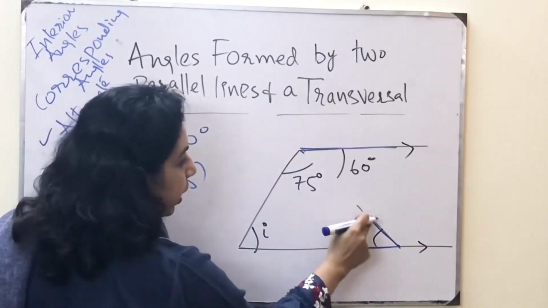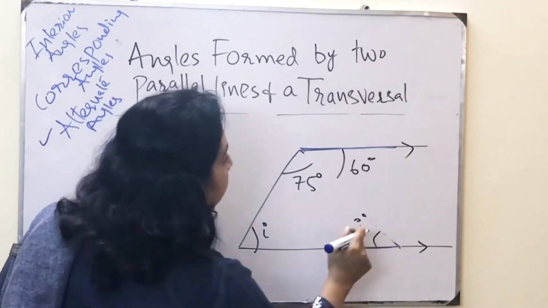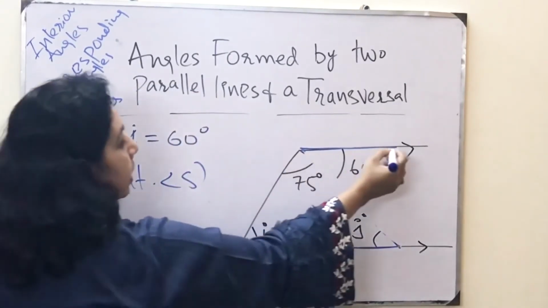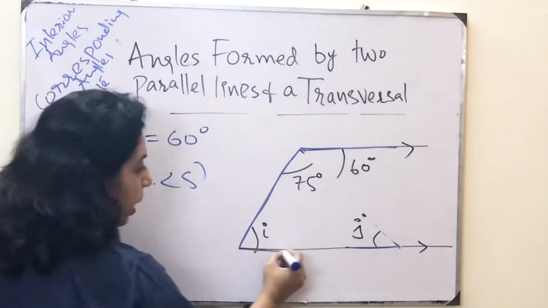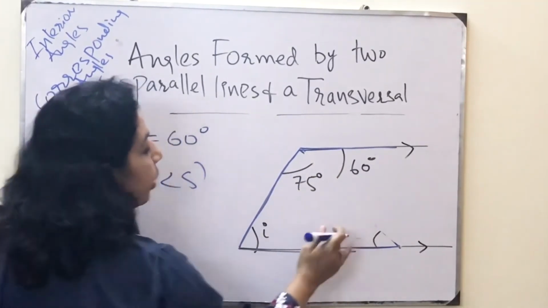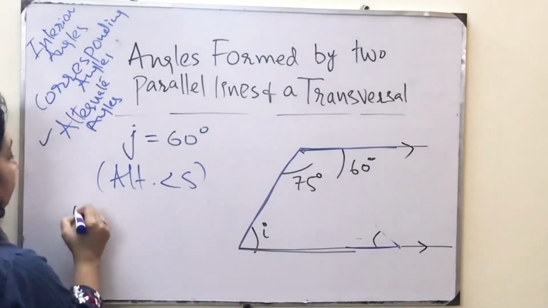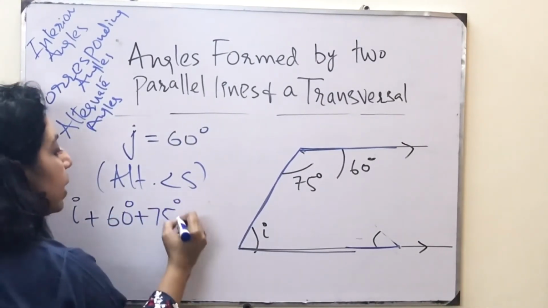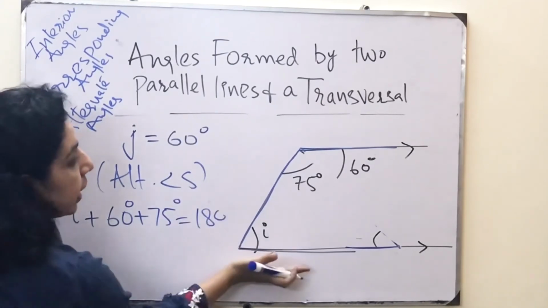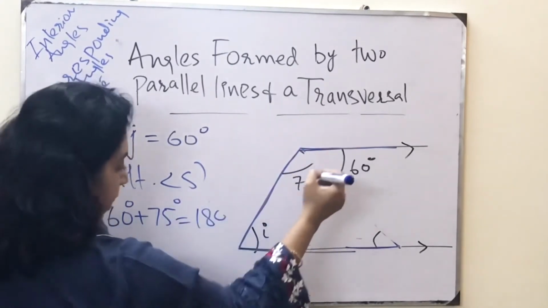You cannot definitely erase it, but I can erase it. And now we can see this parallel line along with this transversal and this parallel line. You can see that if we take it like this, our I plus 60 degree plus 75 degree is equals to 180 degree. These are inside the lines.